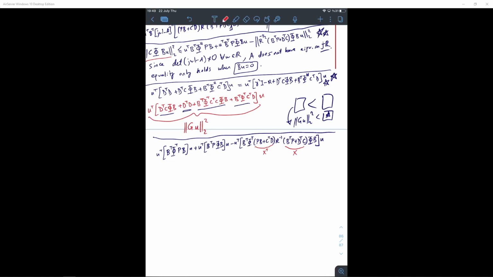Since there are U's here and here, what I mean is every term is U transpose something times U. I'm only going to write this like term 1, term 2, and so on.